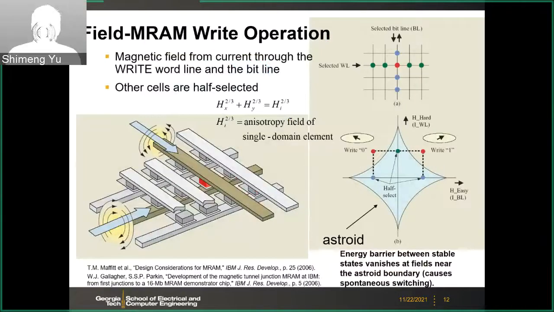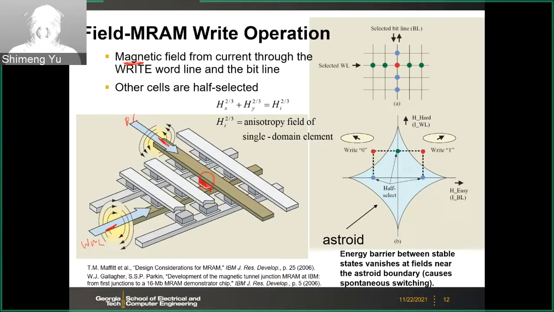Field means magnetic field. So if you think of the simplified cartoon figure like this, this is your bit line, and this is your write wire line, WWL. And underneath, this is the selected cell in the memory array. So they don't interface directly.